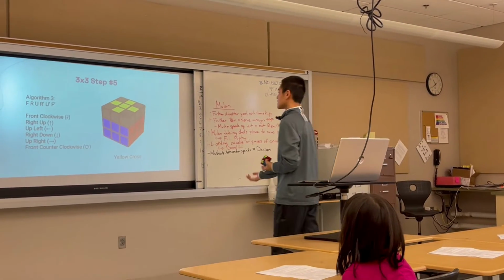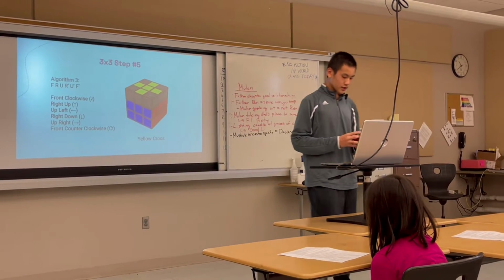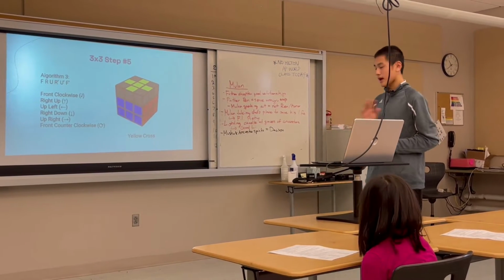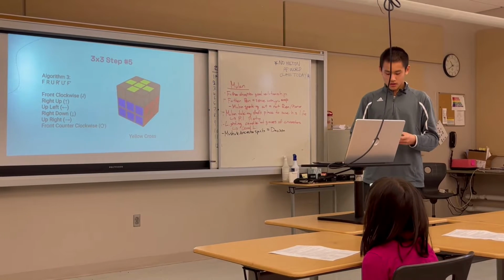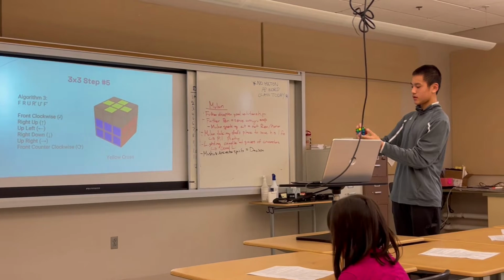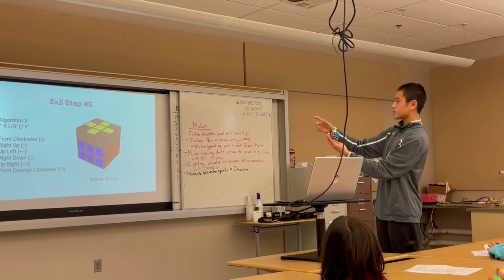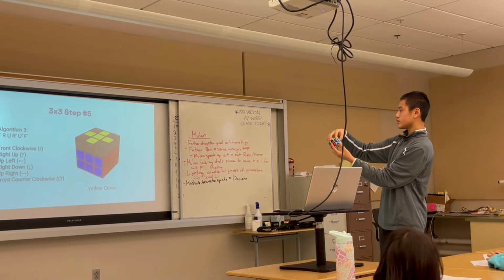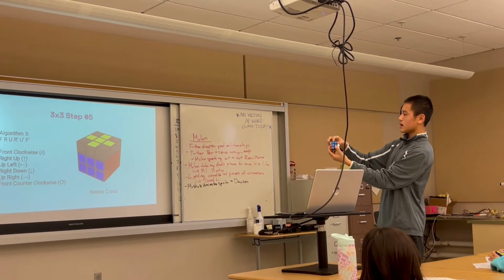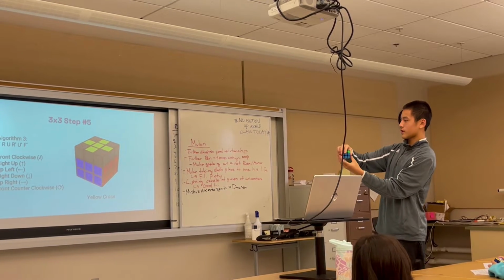That's the algorithm for all these cases. When you get the dot case, you can perform this algorithm from any position. It doesn't really matter where you do it from. So you do front clockwise, right up left, right down, up right, and front counterclockwise.